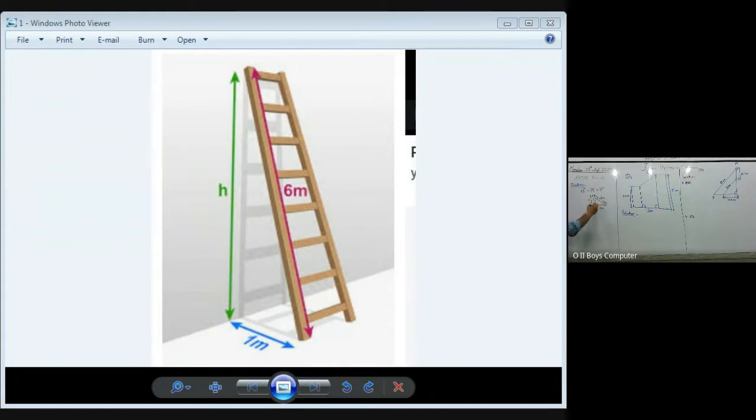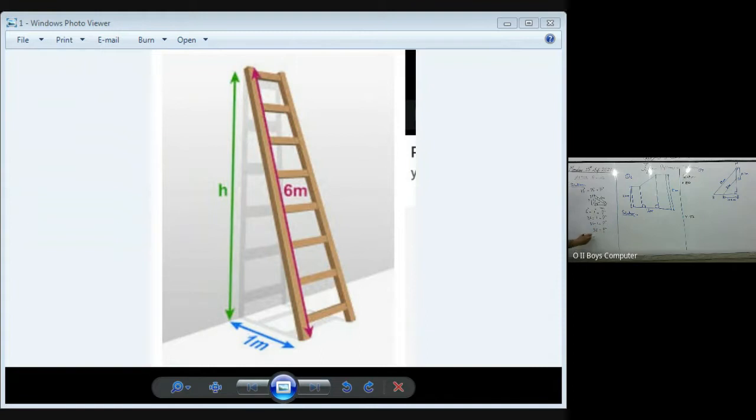There is a right angle. In front of the right angle, we have the hypotenuse, that is 6 meters, and the base is 1 meter. The perpendicular, we have to find out, that is the height of the wall. The square of 6 is 36. The square of 1 is 1, and then we have to subtract these two values. 35.